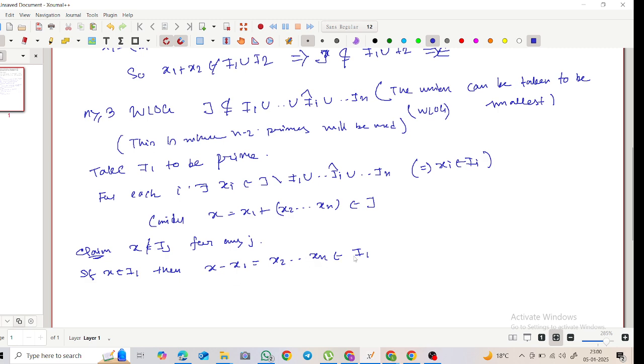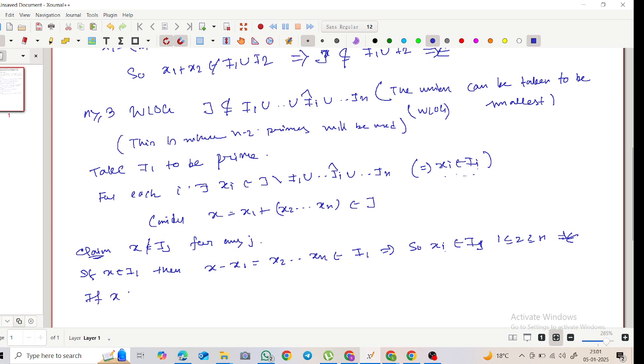Because I1 is prime, this implies some xi belongs to I1 where i is in this range, which is a contradiction, because x2 is not in I1. If you look here, each xi is only in one ideal, that is the ith ideal. So x2 doesn't belong to I1, x3 doesn't belong to I1, and so on. So the product cannot be there because I1 is a prime ideal.